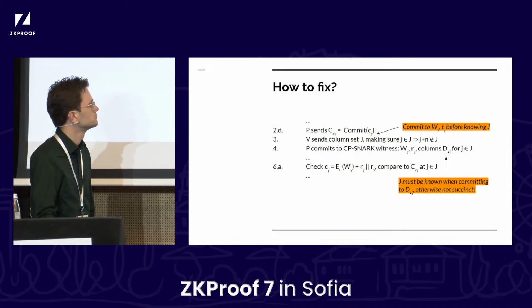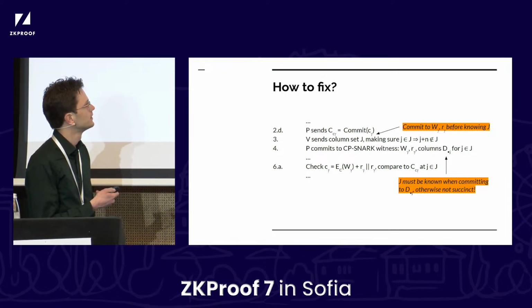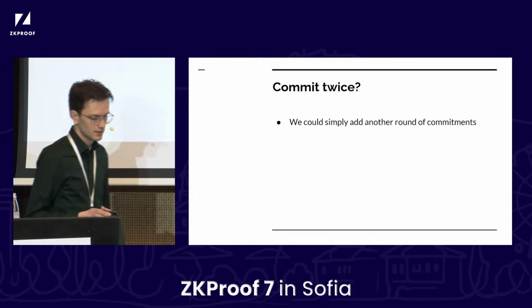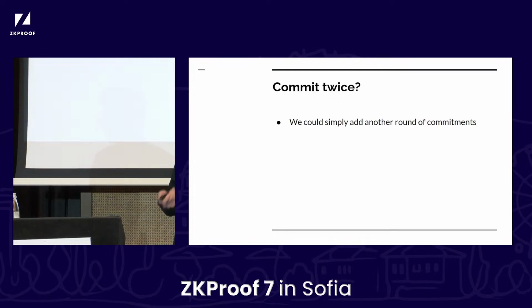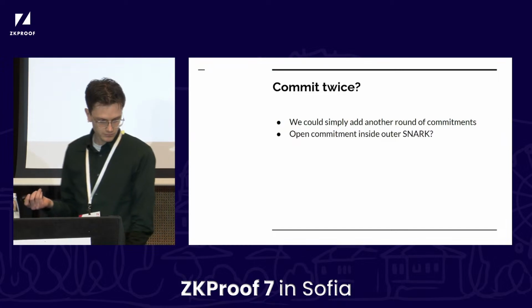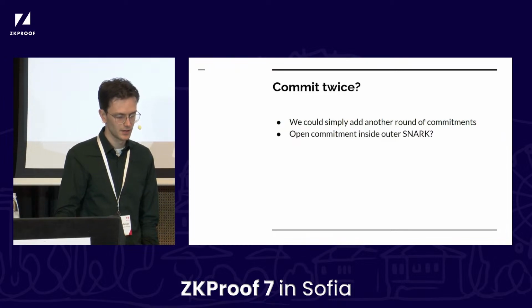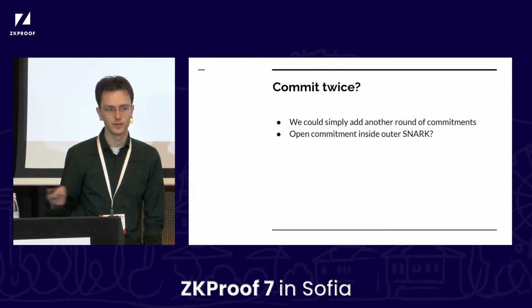So one solution is to split these two. So first commit to this, and then commit to that. So yeah, we could simply add another round of commitments, and basically we have two options. We could just have a general commitment and then open this commitment in the outer snark.